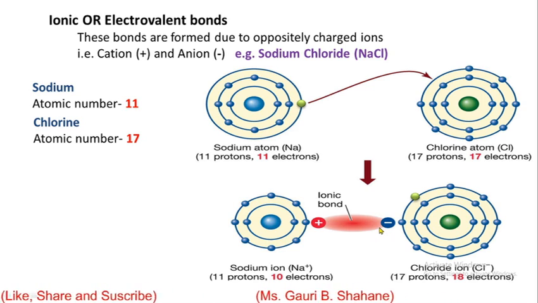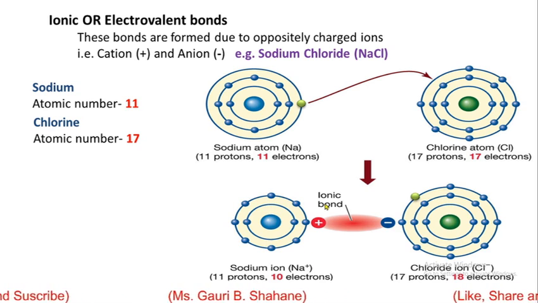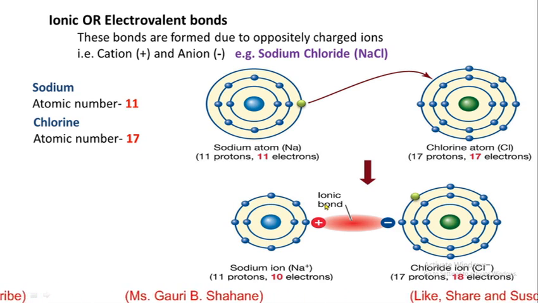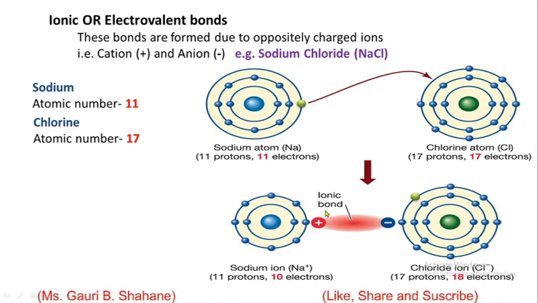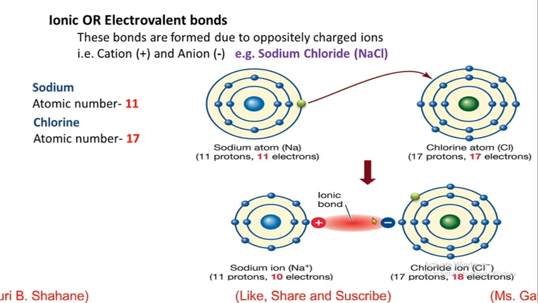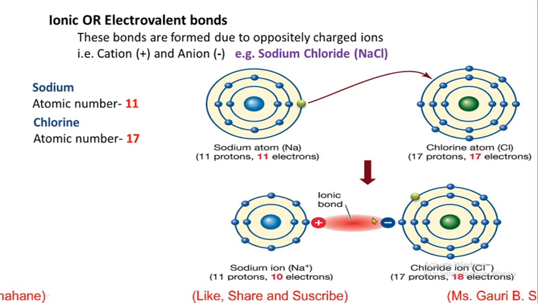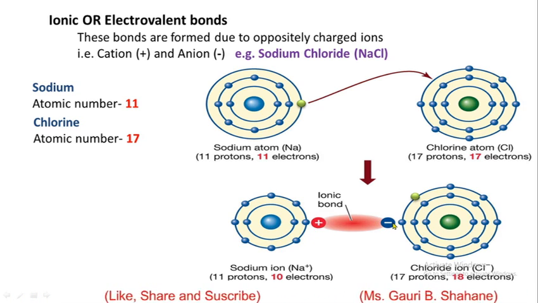According to the octet rule, an atom requires 8 electrons in its valence shell for more stable compounds, and now both the ions have 8 electrons in their outermost shell, and due to loss and gain of electron, they also got positive and negative charges respectively.